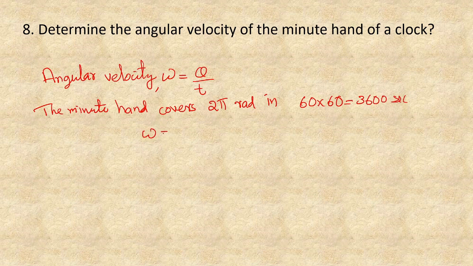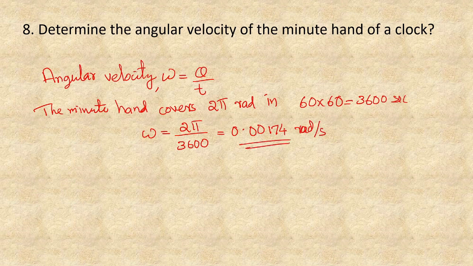So angular velocity omega is equal to 2 pi divided by 3600. So you can complete the calculation. What is the answer? 0.00174. That is that much radian per second. So that is the angular velocity of the minute hand.